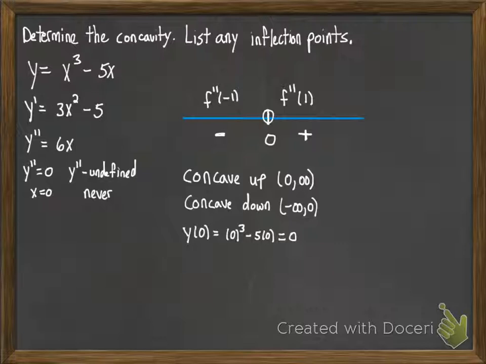We plug the 0 in, and we see that the y-coordinate is 0, so the point on the graph would be (0, 0). So now we can say that (0, 0) is an inflection point, or a point of inflection, or as I like to abbreviate it, a POI.